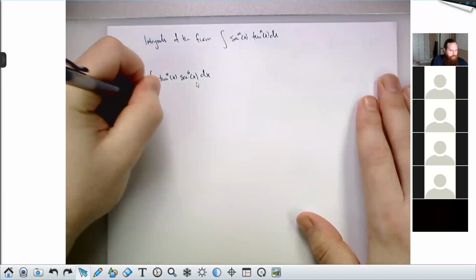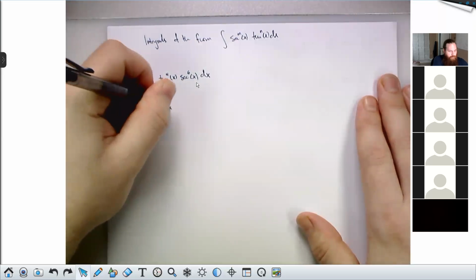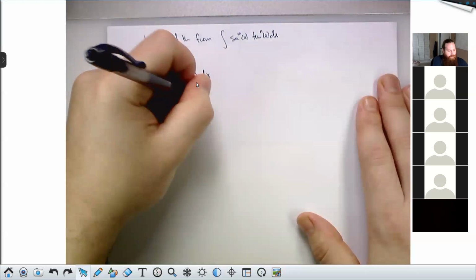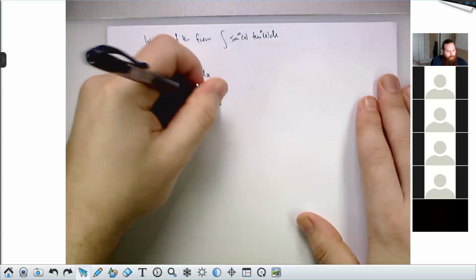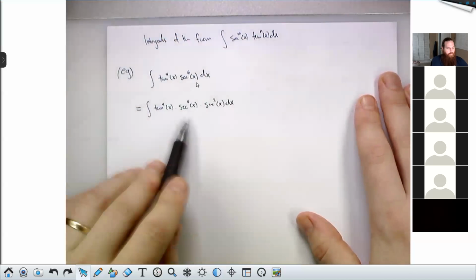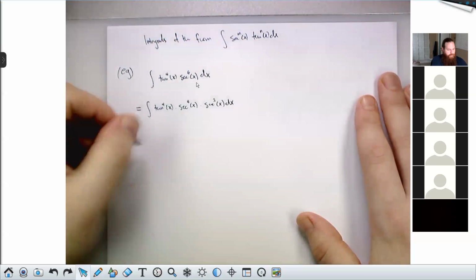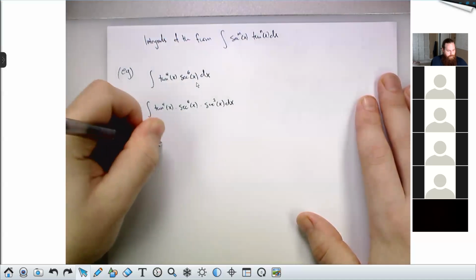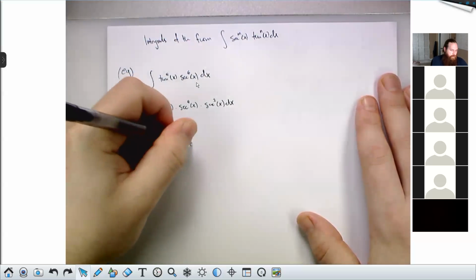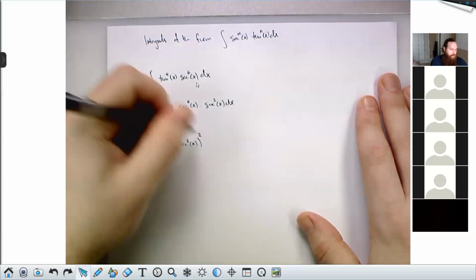So I'll start by rewriting this as tan to the 4 times secant to the 4 times secant squared with an eye towards substituting for the tangent function. Now I still have the problem of these 4 copies of secant. But I can write them as secant squared squared.